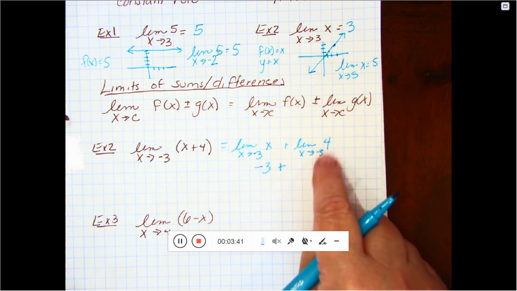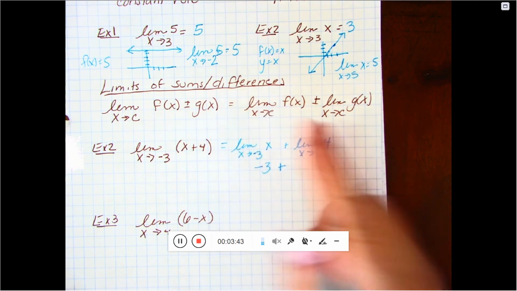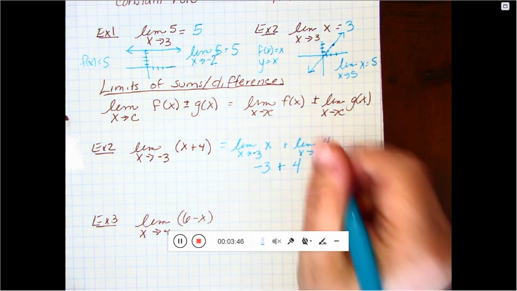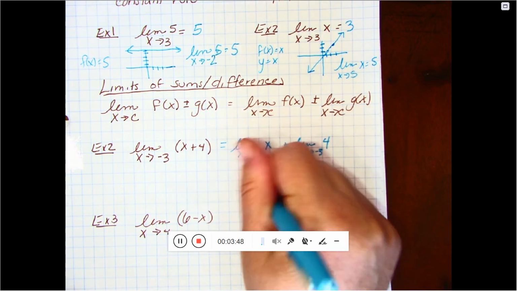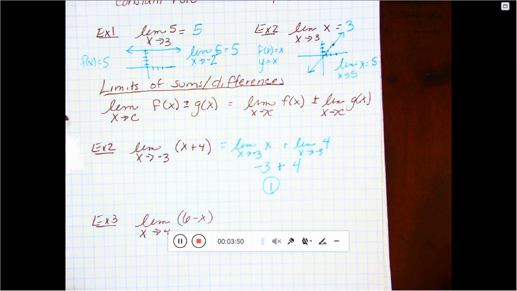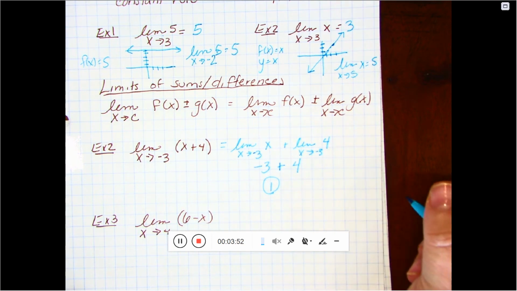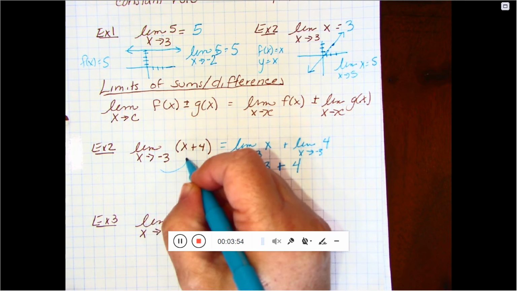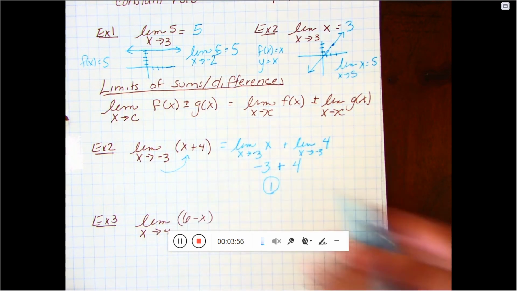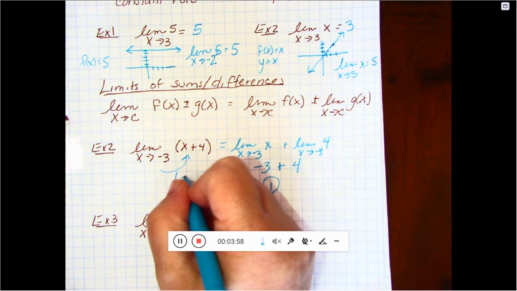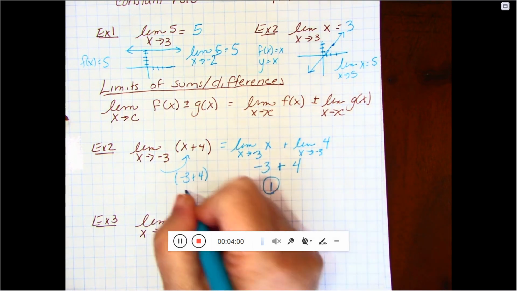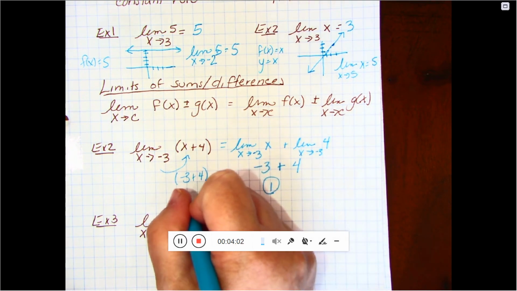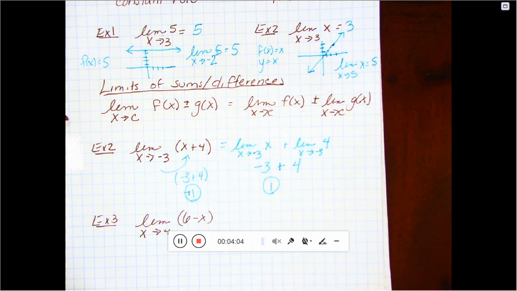And the limit as x approaches negative 3 of 4, that's the constant rule, that's 4. So you can simply add those together, and the answer is 1. Now, take a look at this. Could I have simply plugged negative 3 in there? And you could. Negative 3 plus 4, the answer is positive 1.